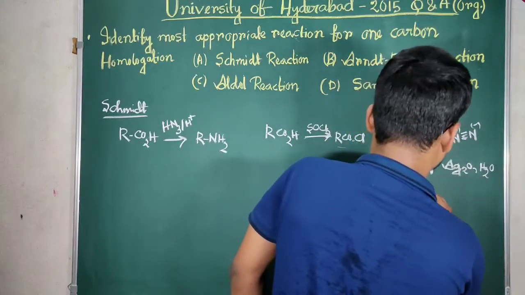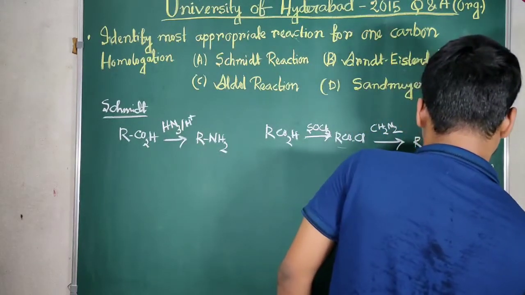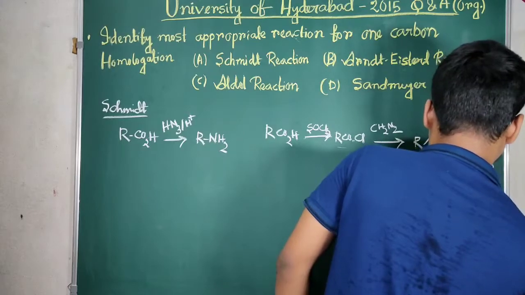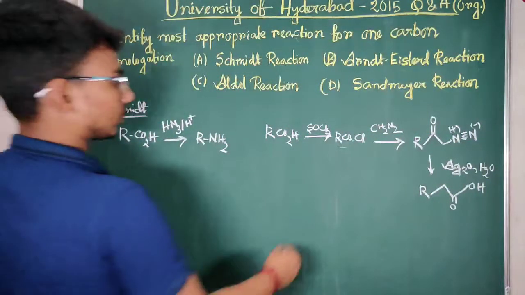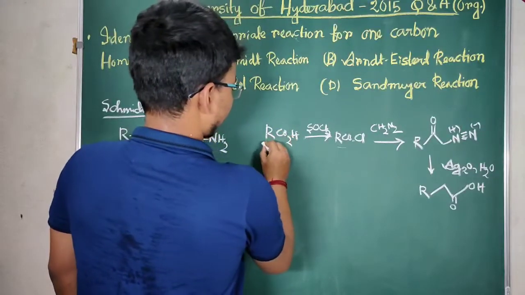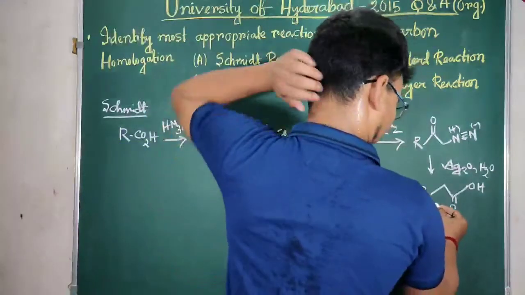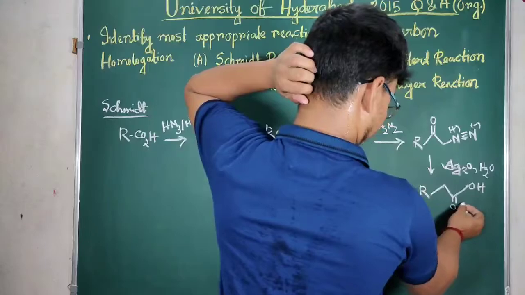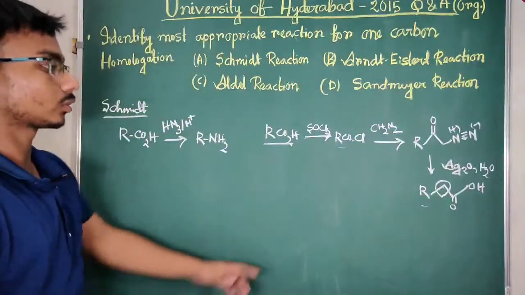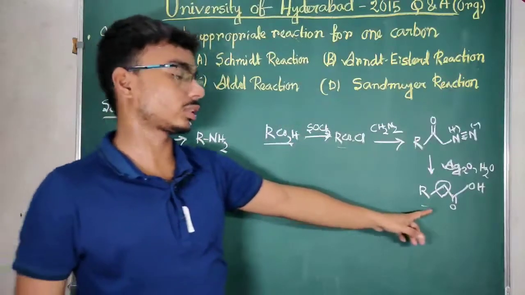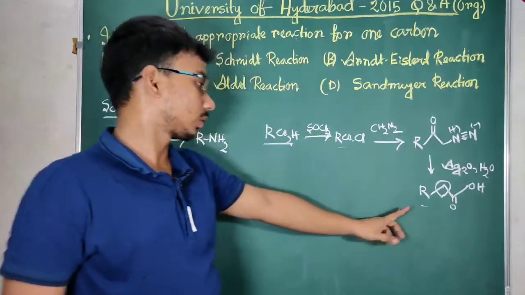Then from it we get the product. You can see that in RCOOH to RCH2COOH, one CH2 is inserted here. So 1 carbon homologation occurs here, 1 carbon more.